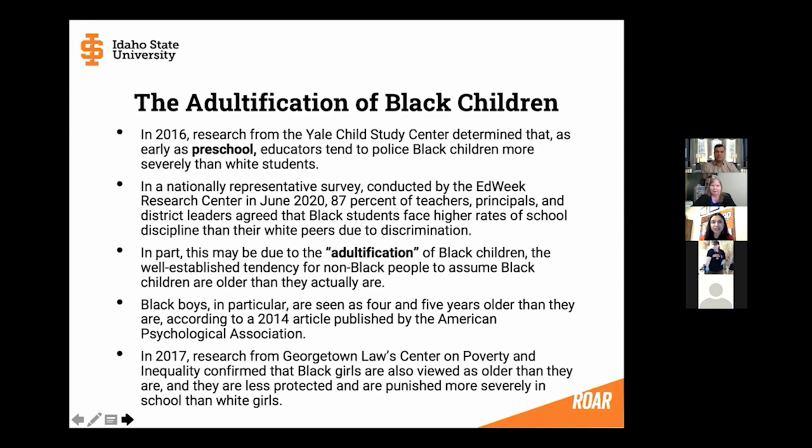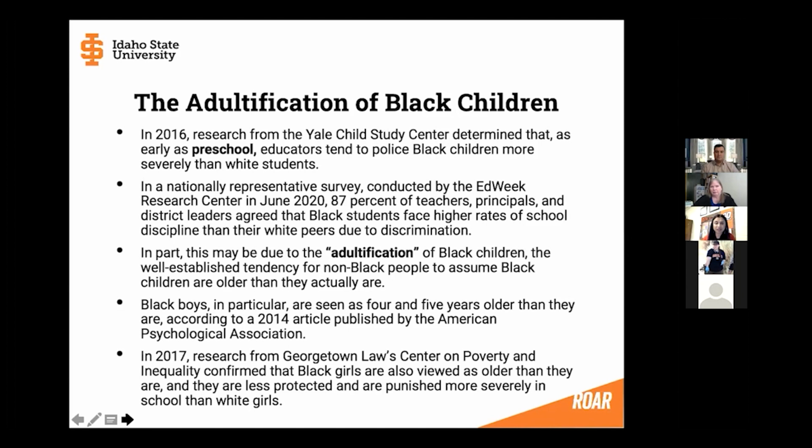In a national survey conducted by the EdWeek Research Center, just in June of this past year, 87% of teachers, principals, and district leaders agreed that Black students face higher rates of school discipline than their white peers due to discrimination. And in part, this may be due to adultification of Black children, the well-established tendency for non-Black people to assume Black children are older than they actually are.